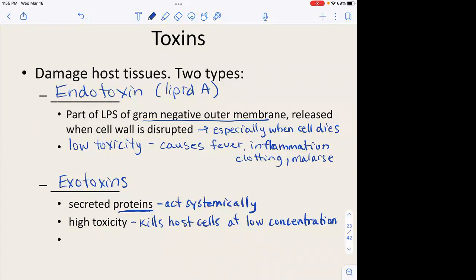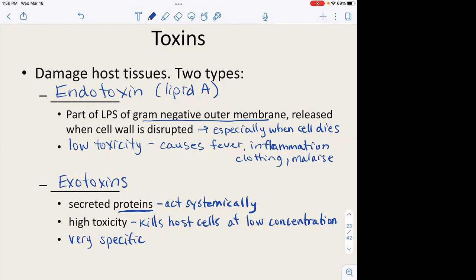An example of an exotoxin is botulism toxin. I've read that a 6-ounce bottle of botulism toxin is enough to kill everyone on the planet. So when you say it works at low concentration, that sure does. And in addition, the exotoxins are often very specific, so they're going to target a certain kind of cell most often.